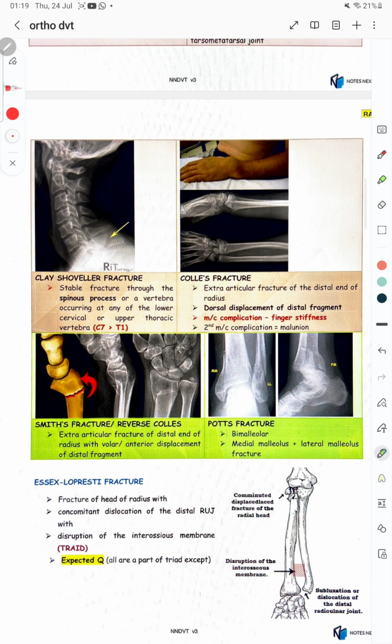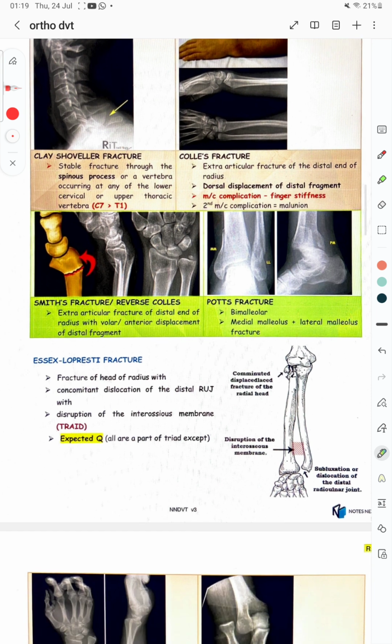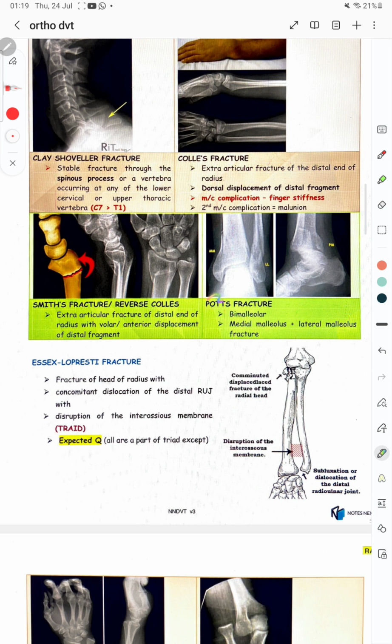Okay, then there's Smith's fracture or reverse Colles, an extra-articular fracture of the distal end of the radius with volar (anterior) displacement of the distal fragment. So Colles and Smith are studied together almost always because both are extra-articular fractures. This is the distal end of radius with volar displacement. Here the displacement is dorsal.